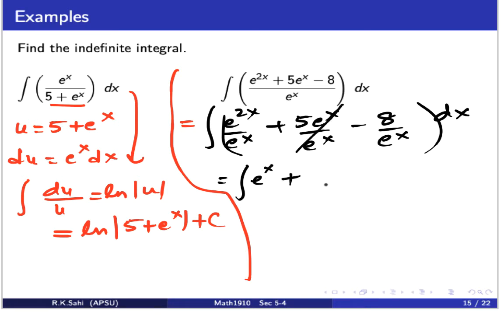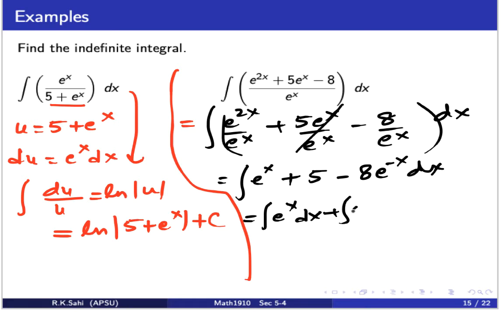This e to the power x cancels, plus 5 minus 8 e to the power minus x dx. Now, this whole integral is the integral of e to the power x dx plus the integral of 5 dx minus 8 e to the power minus x dx. The first two are very simple.